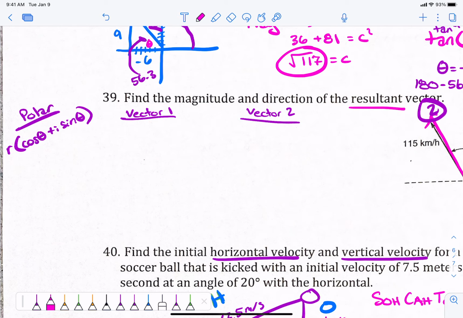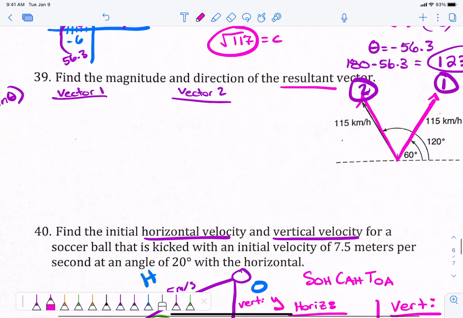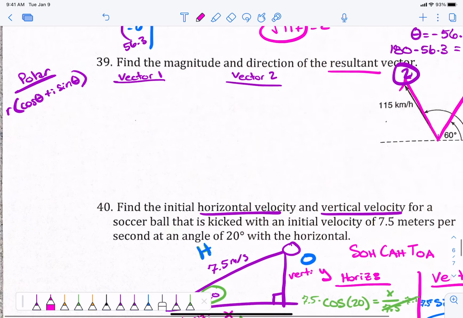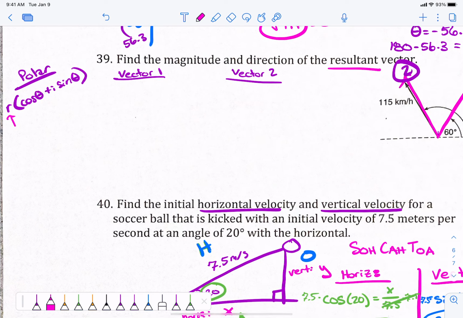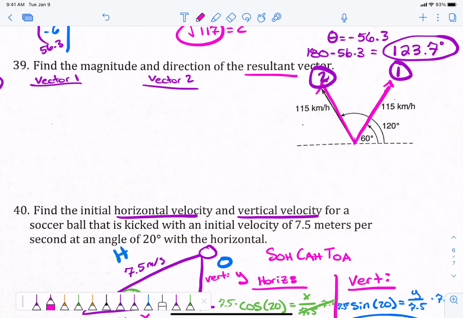So vector 1, what is the r value? What does r stand for? The hypotenuse. R is the magnitude. So what's the magnitude of vector 1? 115. So we have 115 times cosine of the angle.